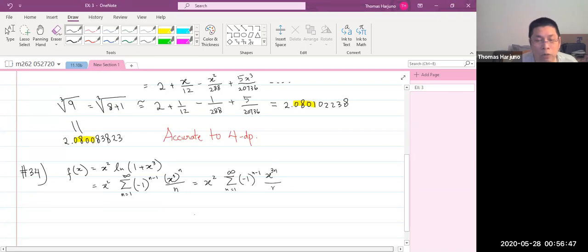Now, then I will multiply the x squared in. X to the 3n plus 2 over n.